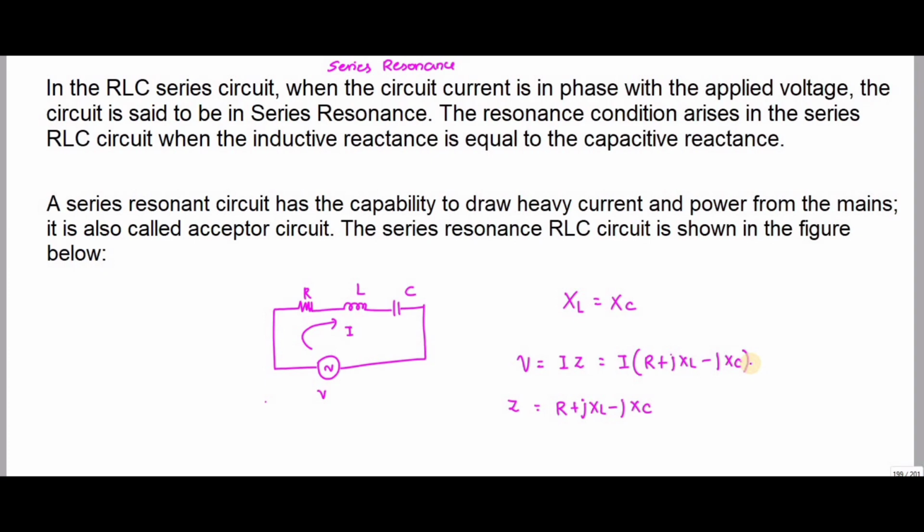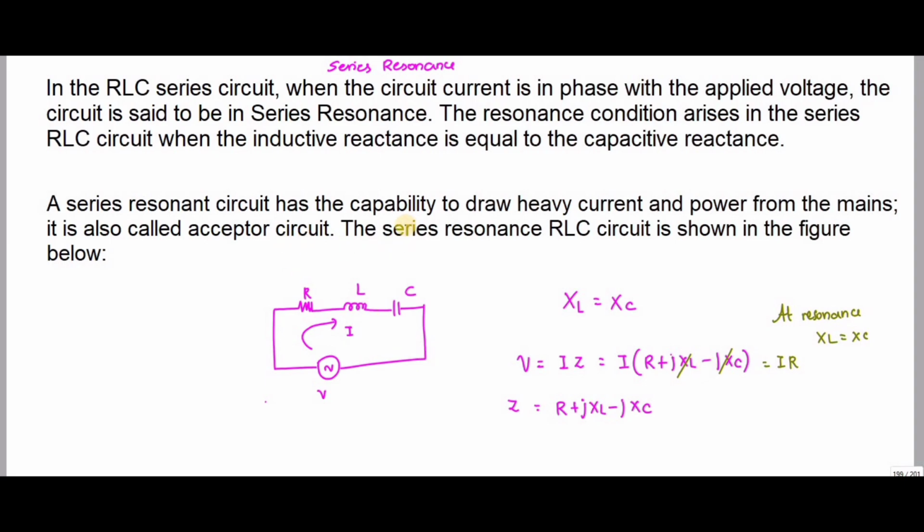So at resonance, XL is equal to XC, right? So if I substitute here, I will get I into R because these two get cancelled out. So V is equal to IR.